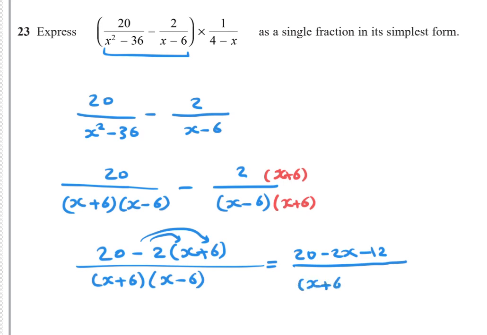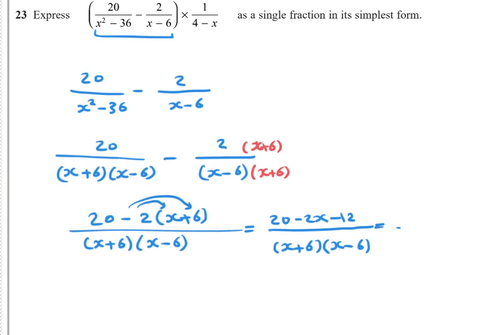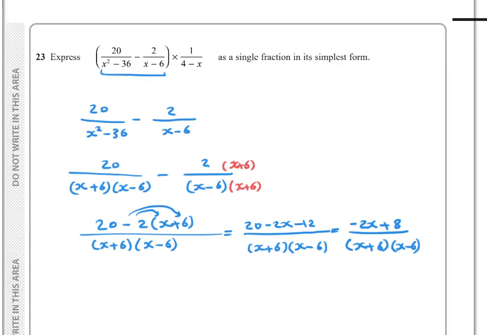So 20 minus 12 equals 8, so negative 2x plus 8 over (x plus 6)(x minus 6). You can take 2 common from the numerator, so you are left with 2 times (negative x plus 4) over (x plus 6)(x minus 6).